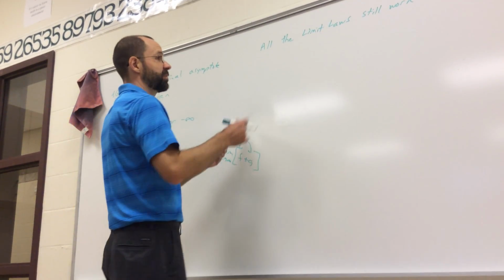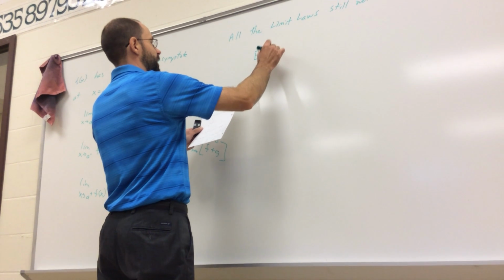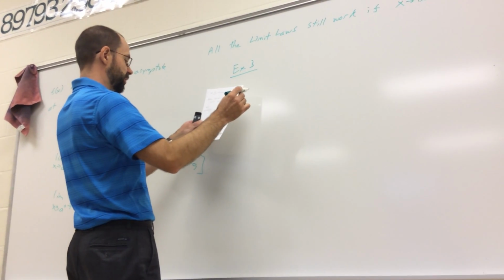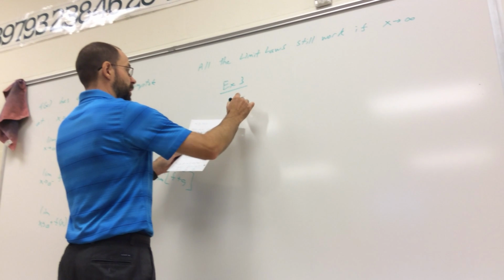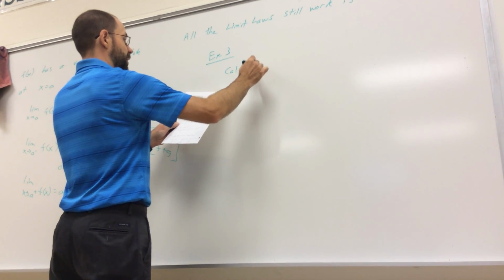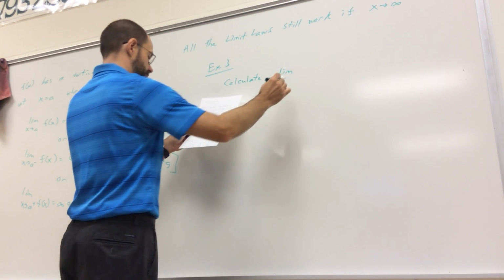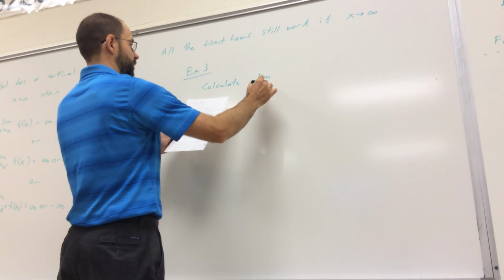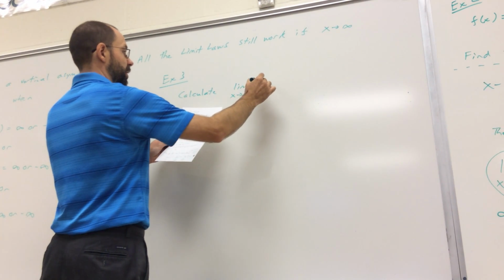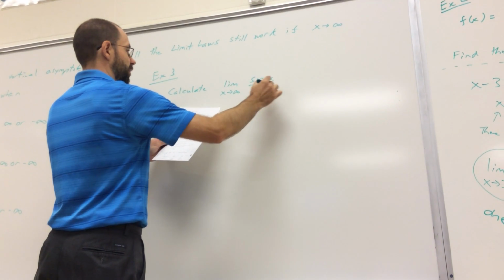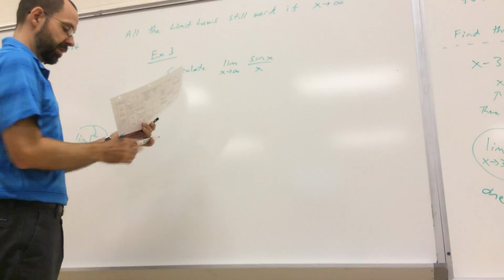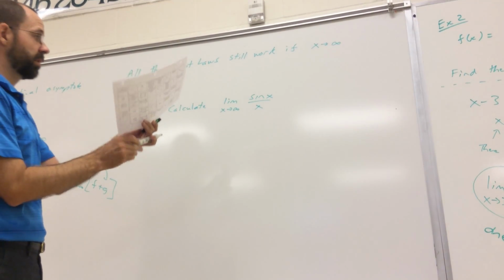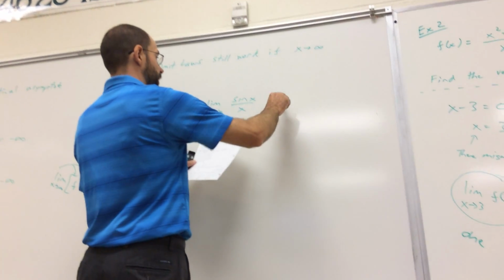Okay, last problem we're going to do is example 3. We're going to calculate the limit as x goes to infinity of sine of x over x using the sandwich theorem.